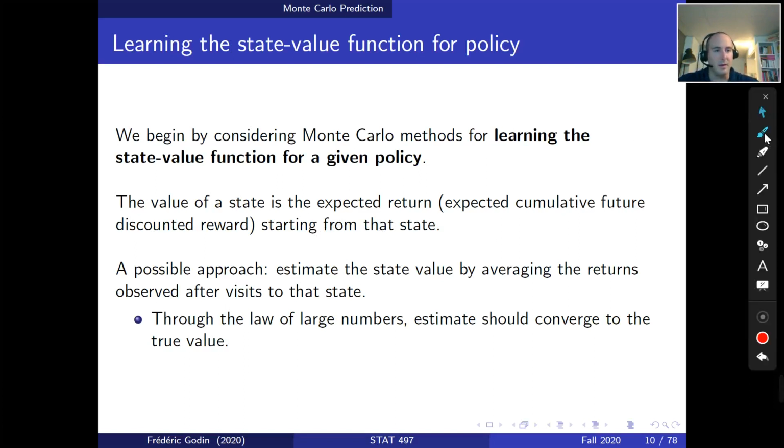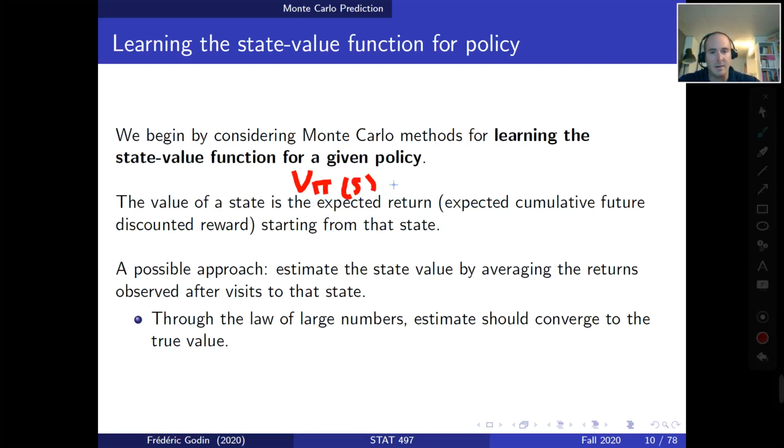So here it means that V pi s is equal to the expected value of G_t given we start in state s. Expected return given we start in s. And here we can denote it E pi, or put the pi as an underscore. This is to denote we follow policy pi.